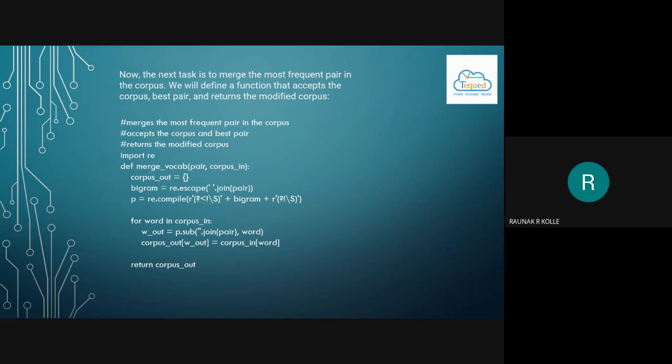Then we define a merge vocab function, giving the input as corpus in, which is basically the corpus where we had stored our tokens previously, and the pair or the sequence of characters. We initialize corpus out as an empty dictionary and we initialize bigram as joining the pairs of characters.